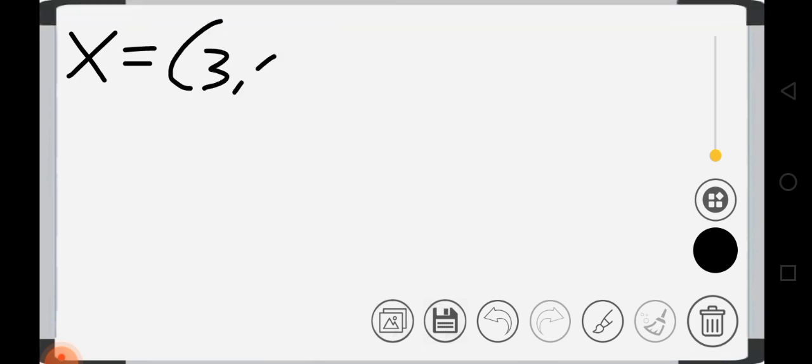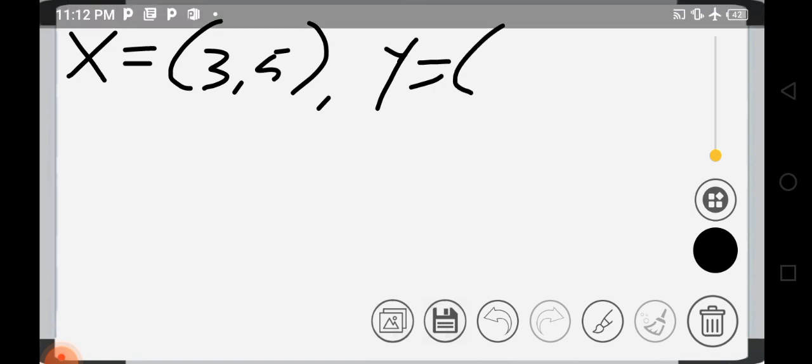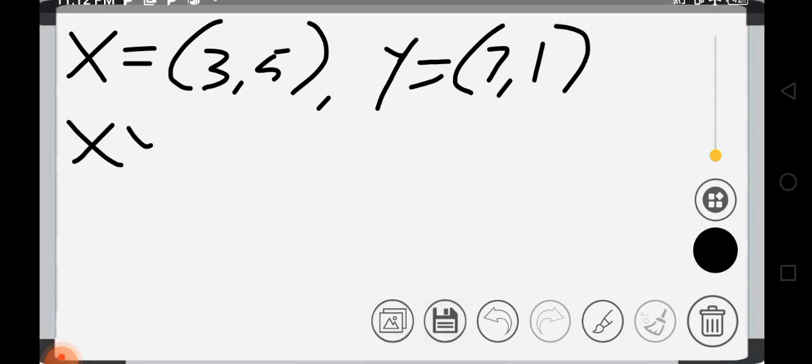Let's look at this next one. Let's say s is equal to 3, 5 and y is equal to 7, 1. Find sy.